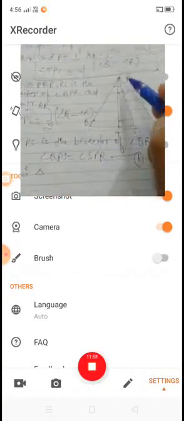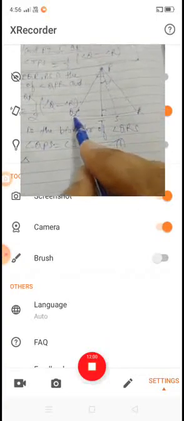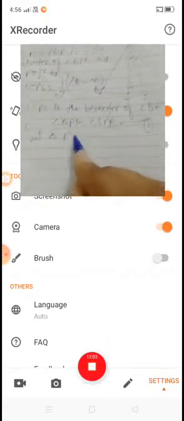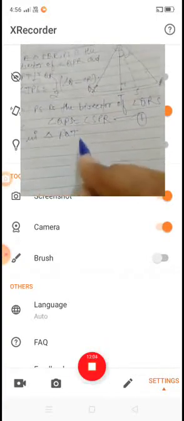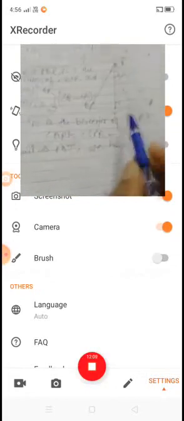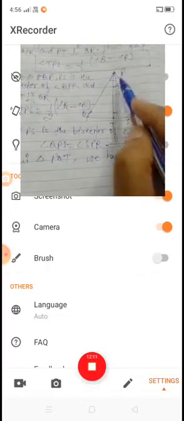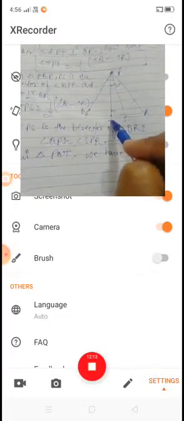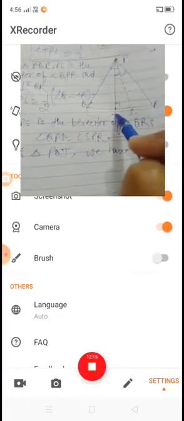Now in triangle PQT, the sum of all angles of a triangle is 180. In triangle QPT we apply the angle sum property of a triangle.